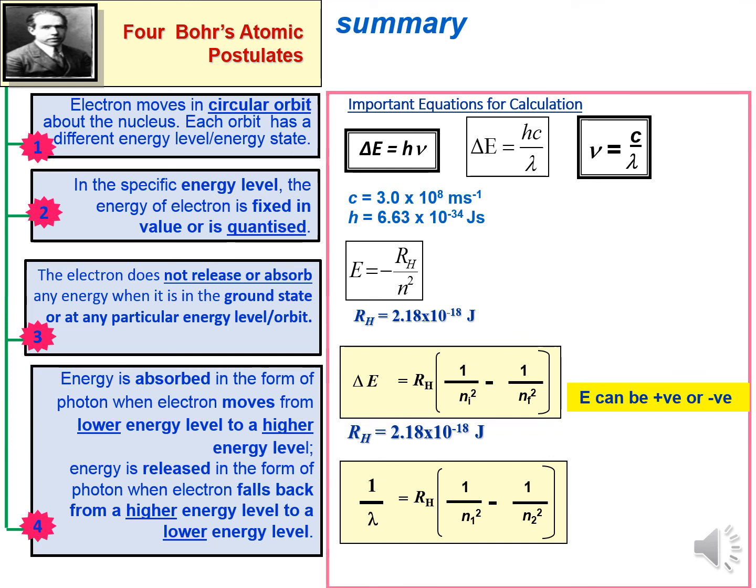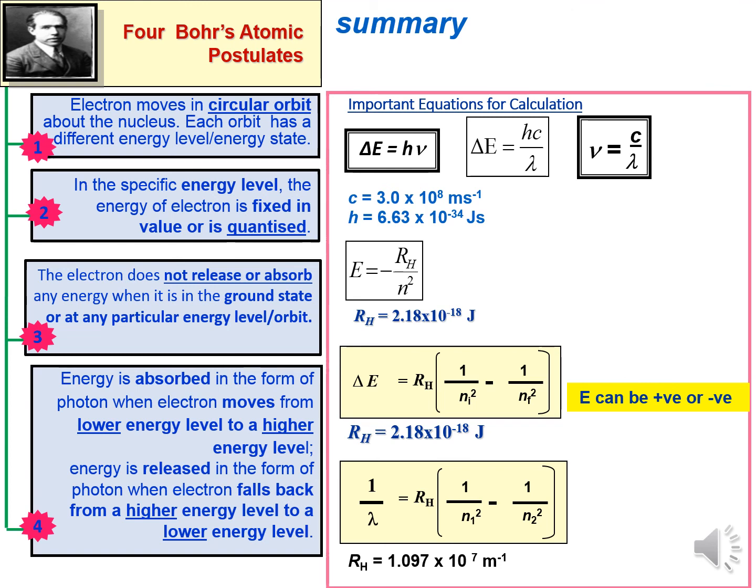If you are using the last formula, you are not calculating energy, but you are calculating wavelength. So when you want to calculate the wavelength, your RH value cannot be in joule. It has to be in per meter. So that's why we are using a different RH value. So we have 2 RH values, you have to be careful which RH value you need to use.